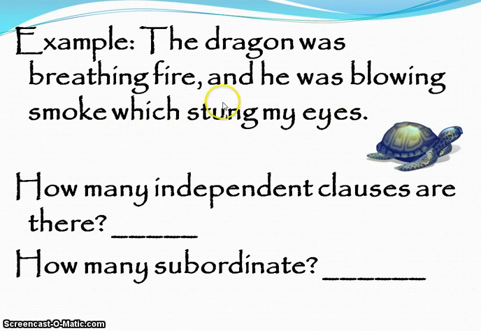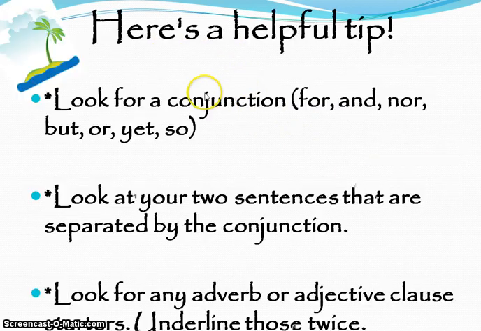There's my verb, so I know it's a clause. So now I've got one independent, and one subordinate. Because it is a compound sentence that they snuck a subordinate clause into, that makes it a compound complex sentence. Again, look for those conjunctions, especially if they're accompanied with a comma.